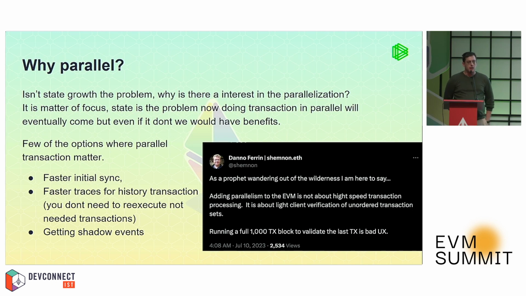Faster traces, because if you know the dependency of some transaction, you can re-execute just the subset of transactions that you need, and maybe getting shadow events. One thing I took from Twitter: adding parallelism for the EVM is not about speed, but about enabling light clients. Basically, the same thing with executing traces. You don't need to execute every transaction.